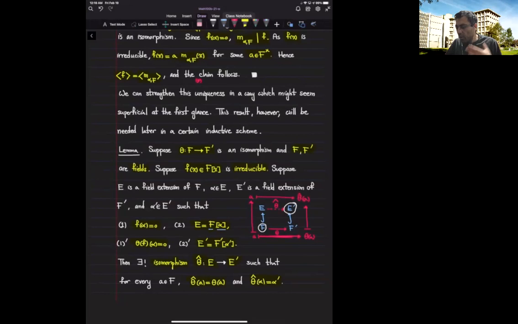So if I know what my theta hat is supposed to do with F and what it is supposed to do with alpha, then I know uniquely what it does to all the elements of E. So the uniqueness part is not surprising at all. But let's focus on the existence part. Why do we know that E is isomorphic to E prime?